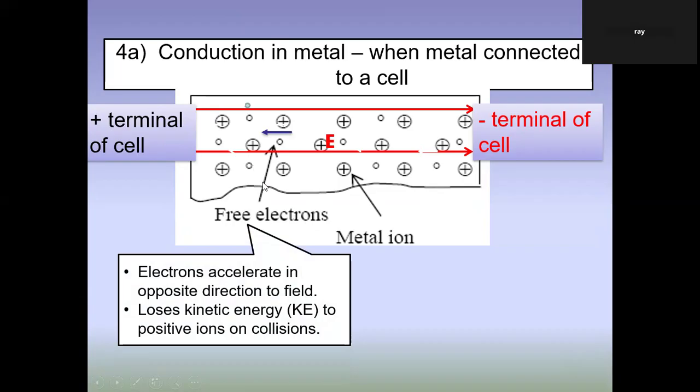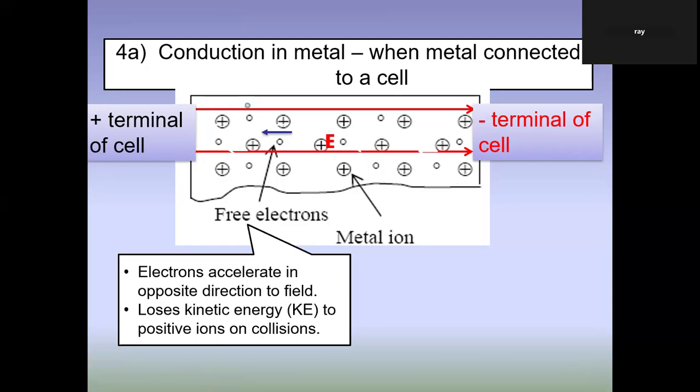What will happen? Remember this positive ion is vibrating. So this electron, remember it's moving at random, but it's also being accelerated. So it's going to collide with the positive ions, give energy, and lose its kinetic energy.